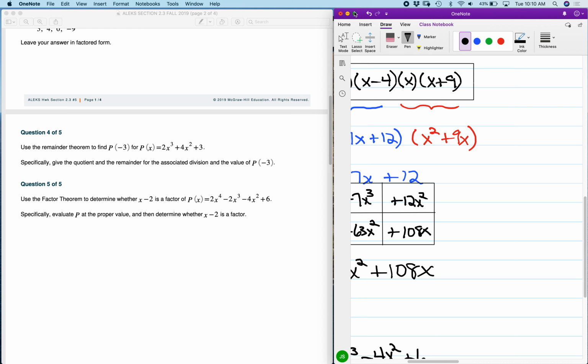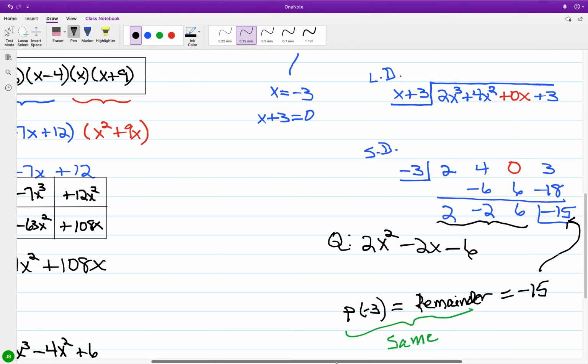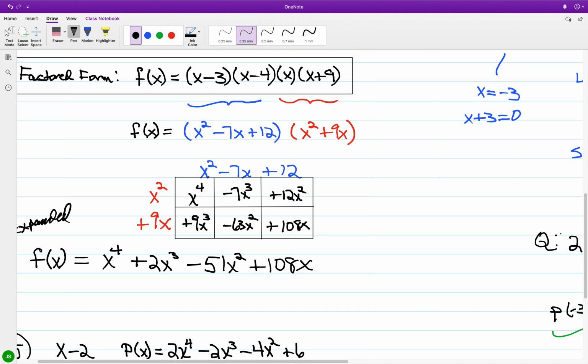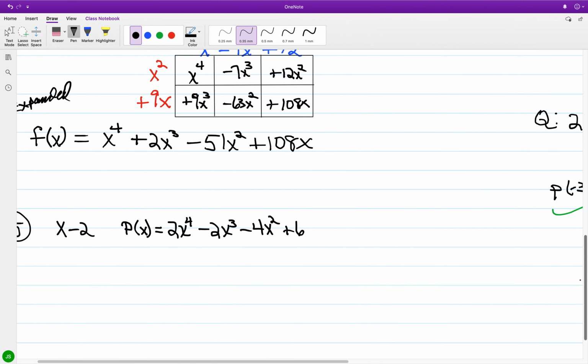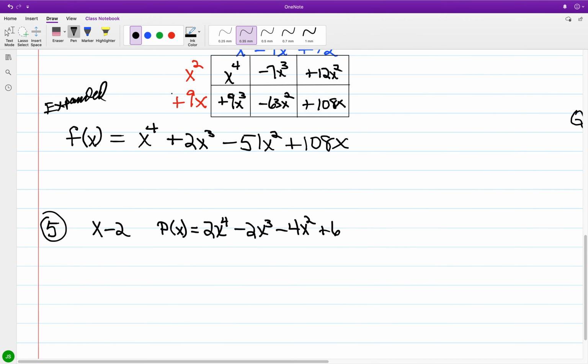So we're going to use synthetic division. We have x minus 2, and if I set x minus 2 to 0, I have that x is equal to 2. Setting up synthetic division, I have 2.